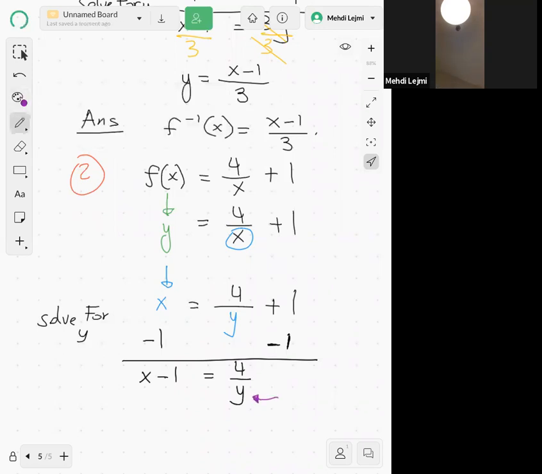I want to solve for y, so the idea now is to move the y to the top. The way to move the y to the top is to flip the fraction. If you flip 4 over y, that will be y over 4.